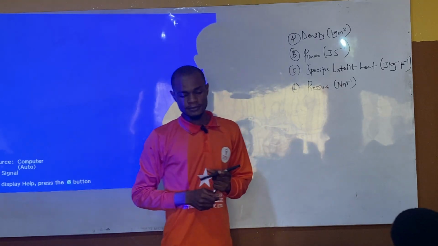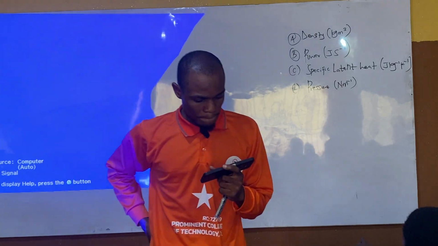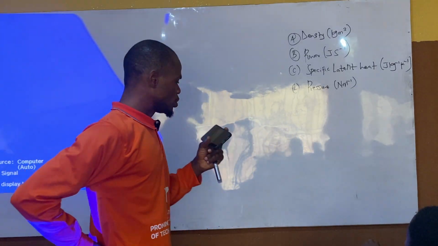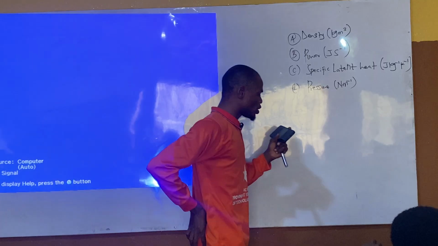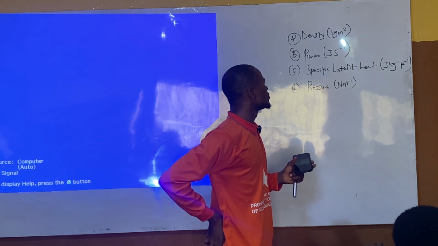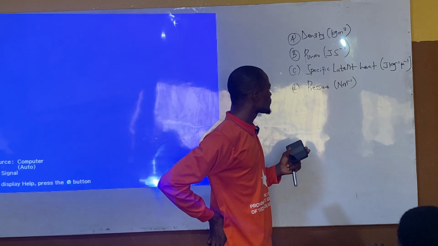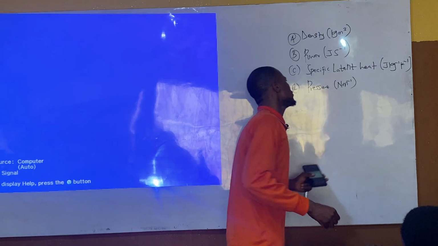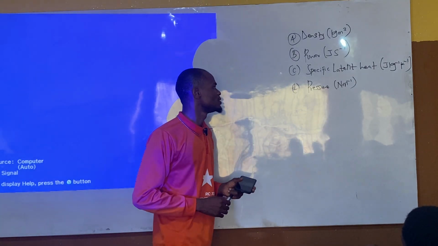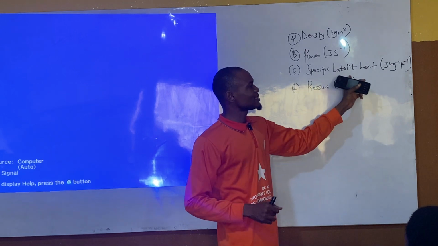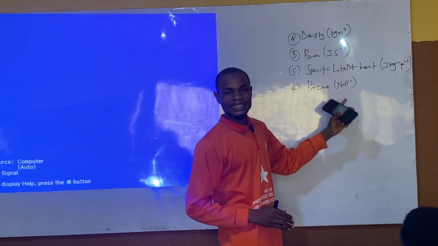What's the answer, class? Which of the following physical quantity is correctly paired with its corresponding SI units? Even if you do not know the formula for specific latent heat, there is an answer there.